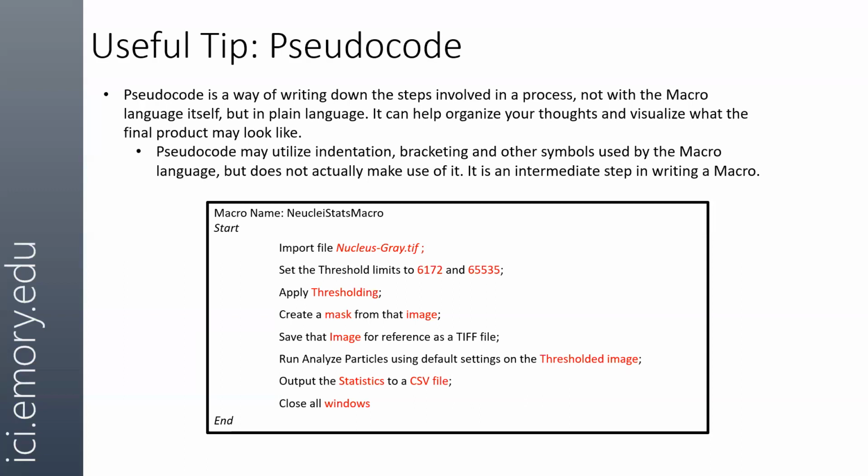We want to apply that thresholding. We want to turn it into a mask and then save that mask as a reference. Then we want to run Analyze Particles on that image, output the statistics, save them, and then clean everything up by closing all the windows that would open. And then we end, and that's the end of the macro.